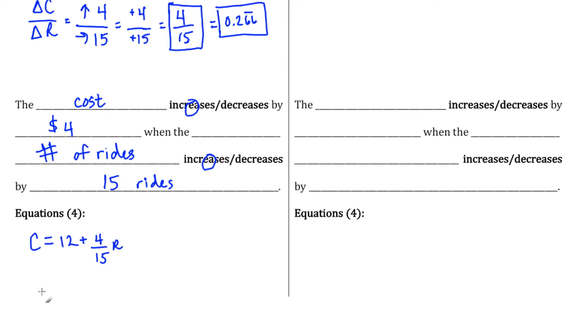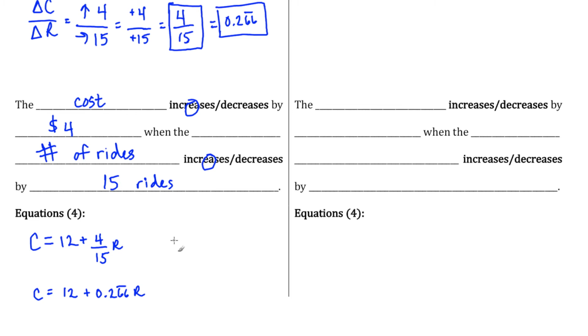Kind of a weird way of thinking about it. The cost was originally $12 and it increased by about 26 cents every ride. So not too bad. That makes a little more sense.